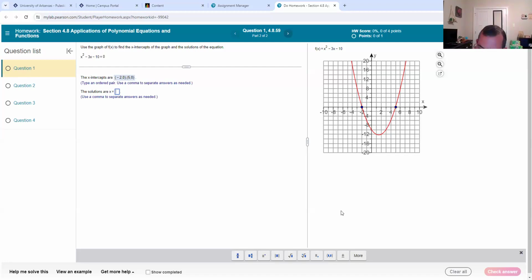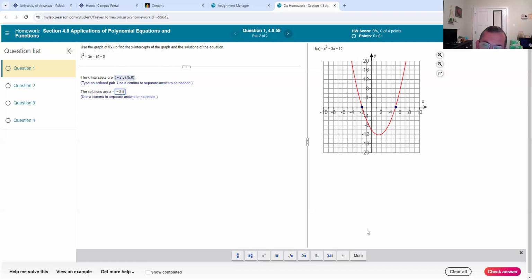So that means my solutions would be -2, comma, 5. If you were to factor that or use the quadratic formula, your two answers would be -2 and 5.